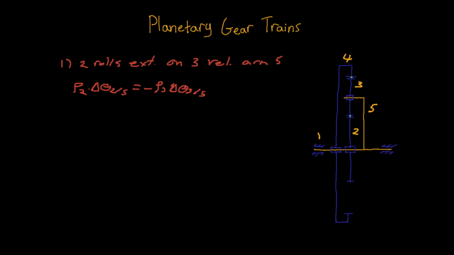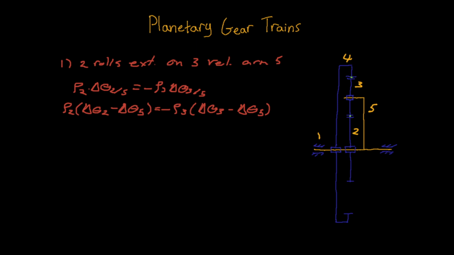For this first equation, I'm going to go ahead and expand this out so we can see exactly what's going on. So we have rho 2 times delta theta 2 relative to delta theta 5. So we say theta 2 minus delta theta 5 is equal to a minus rho 3 times delta theta 3 minus delta theta 5.